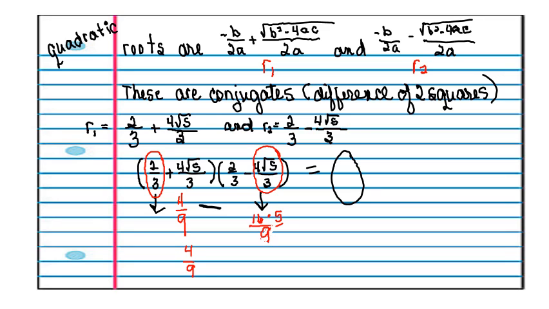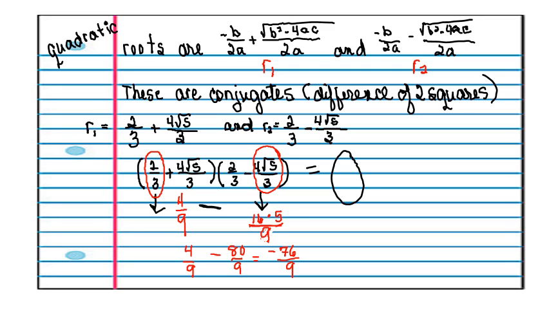You should always end up with a common denominator to begin with. So minus 5 times 16, 3 is 80 over the 9, which gives us a negative 76 over the 9.